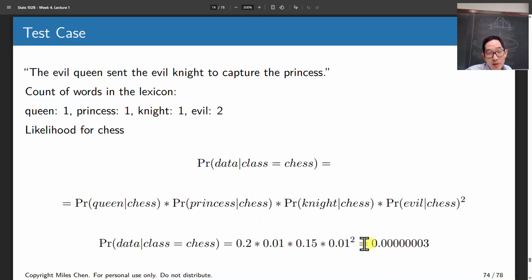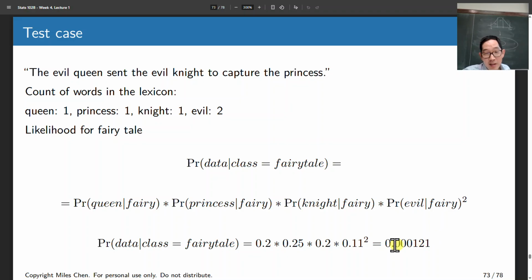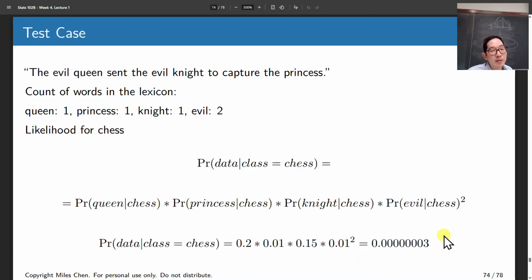So this thing is on the order of 10 to the minus 8, and the fairy tale one is on the order of 10 to the minus 4. So one has a much higher likelihood.